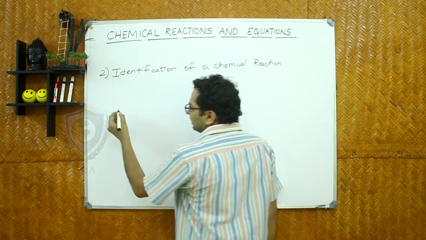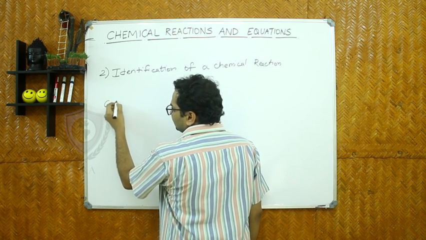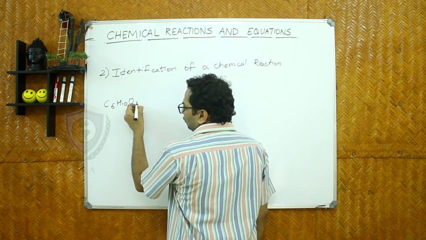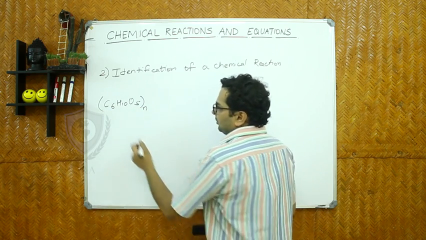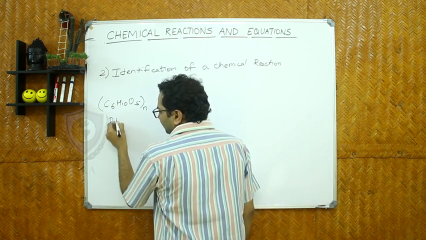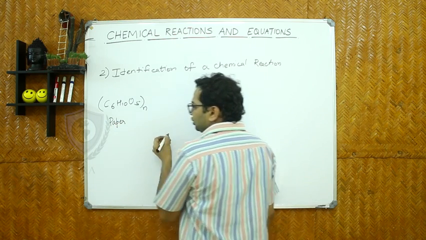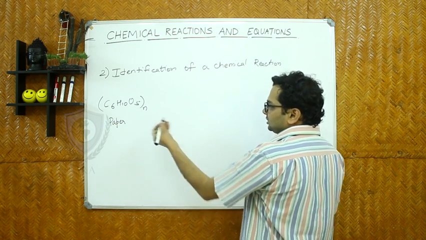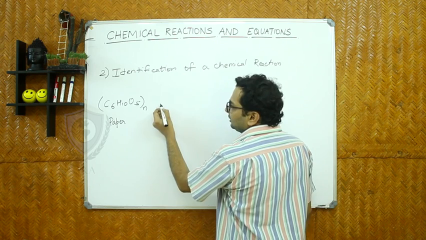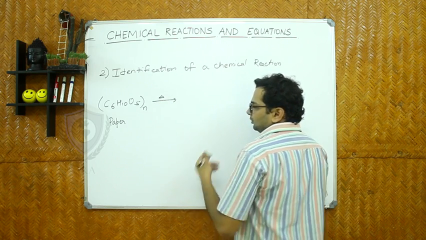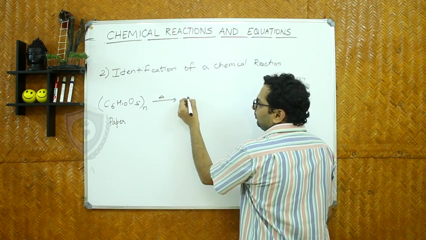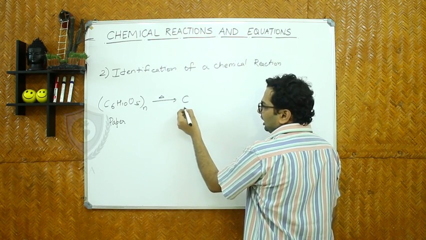So paper is basically cellulose, which is (C6H10O5)n. So this is our paper, right? Paper is essentially a multi-chain of glucose, which becomes cellulose, and when we burn it, which is application of heat, paper turns into ash, which is carbon.